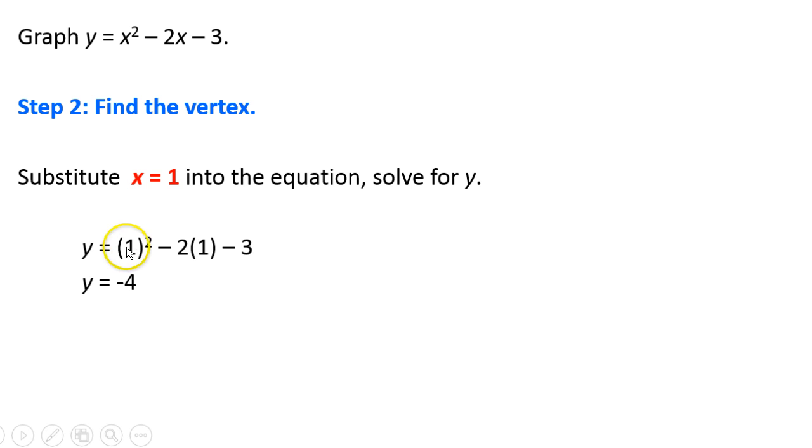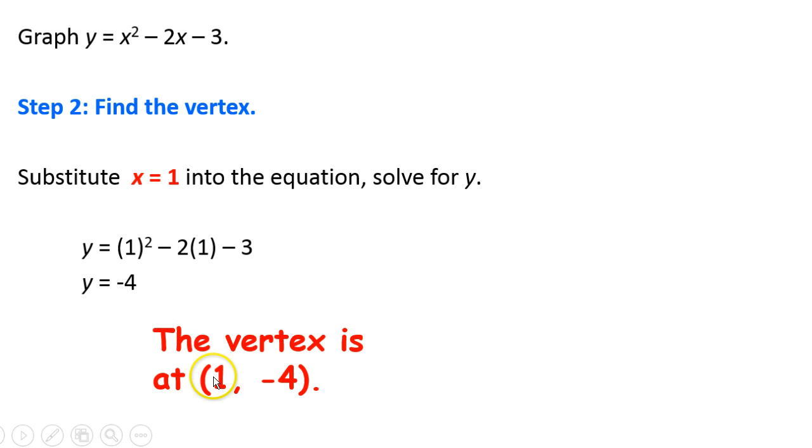Remember, that's what you do when you're plugging in. Square the 1, minus 2 times 1, minus 3. When we do all of that here, we get a negative 4. So this is the y value when our x value was 1. So we say that our vertex lies at 1, which matches here, comma negative 4, which matches here.